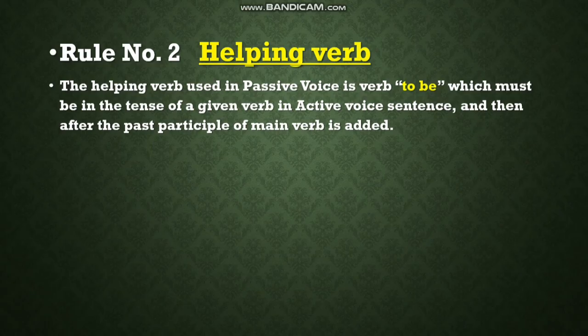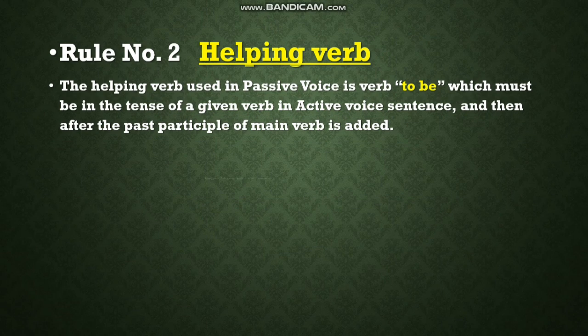It means the verb we use when you are changing from the active voice to the passive voice is a verb to be. That is the helping verb they are talking about in this rule number 2. The helping verb here they are explaining is verb to be, which must be in the tense of the given verb.